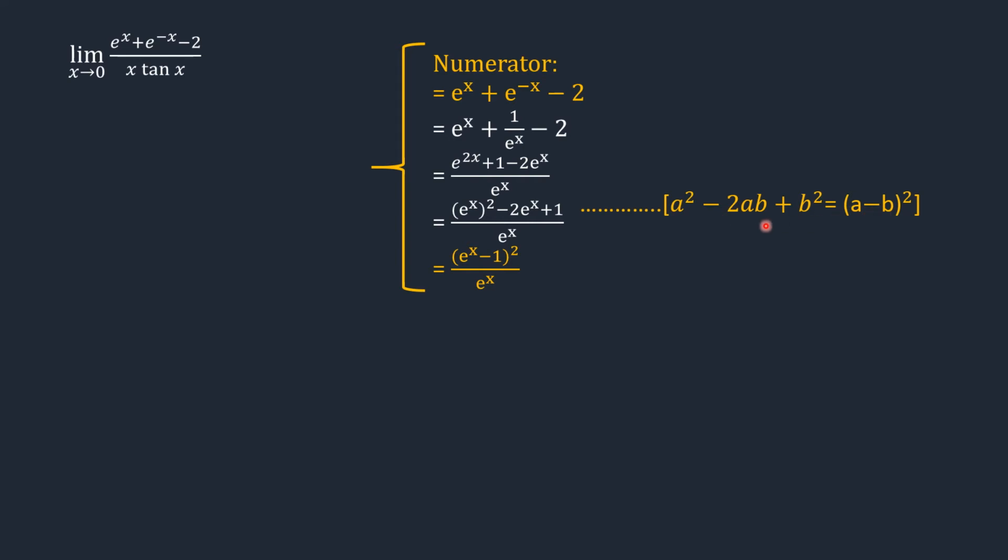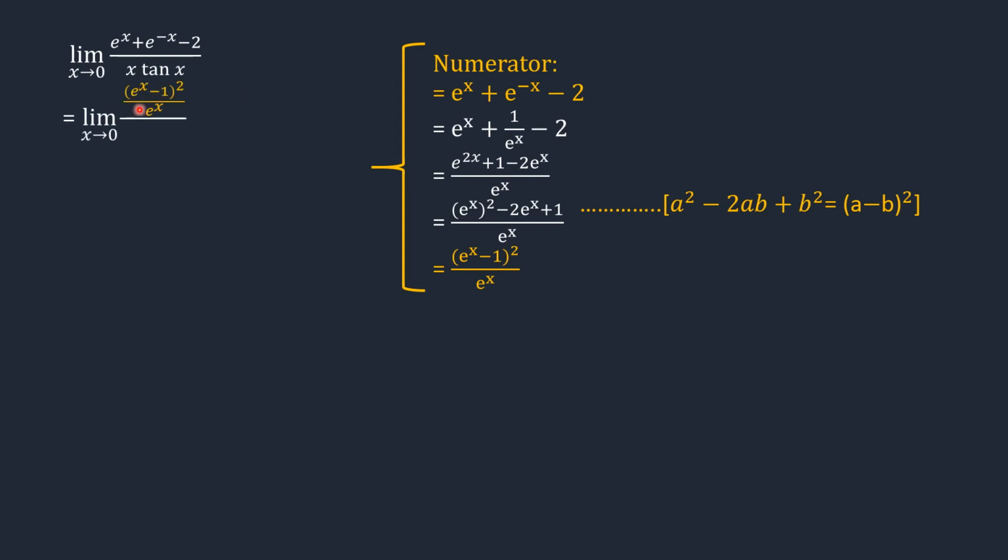So we will apply this identity over here and write square root of e to the power x square will be e to the power x, square root of 1 will be 1, and the sign of the middle term minus will be minus here. So the whole numerator will be e to the power x minus 1 whole square divided by e to the power x. Now this value we will use in the next step directly.